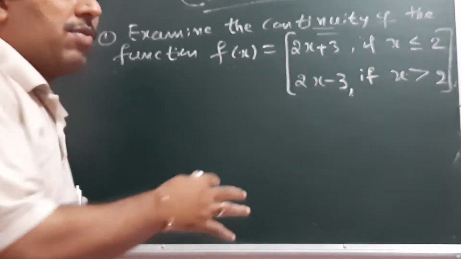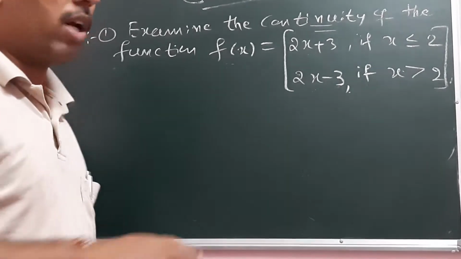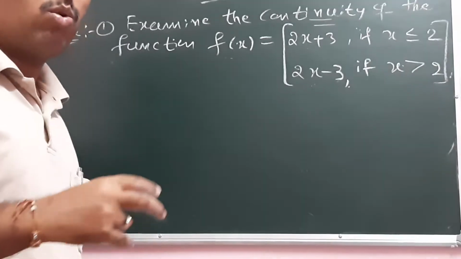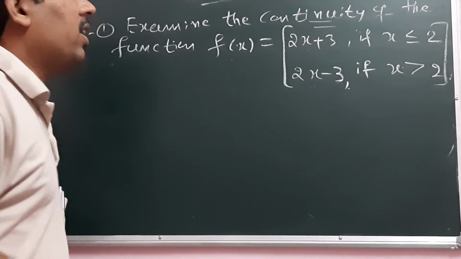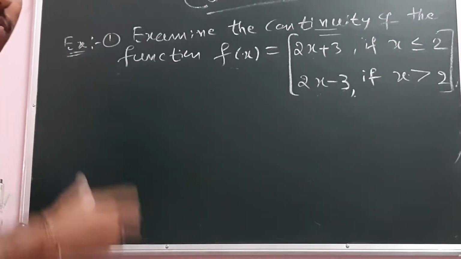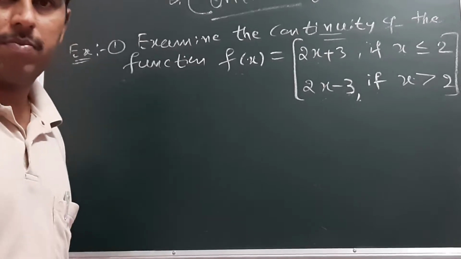We can draw the graphs also and verify whether the function is continuous or not, but here there is no need to draw the graph. We do it theoretically. How can we verify theoretically that this is continuous or not? First, to verify that the given function is continuous, we need a point.